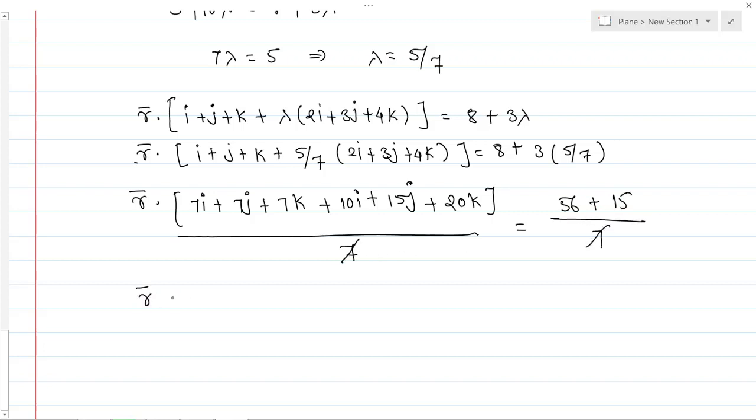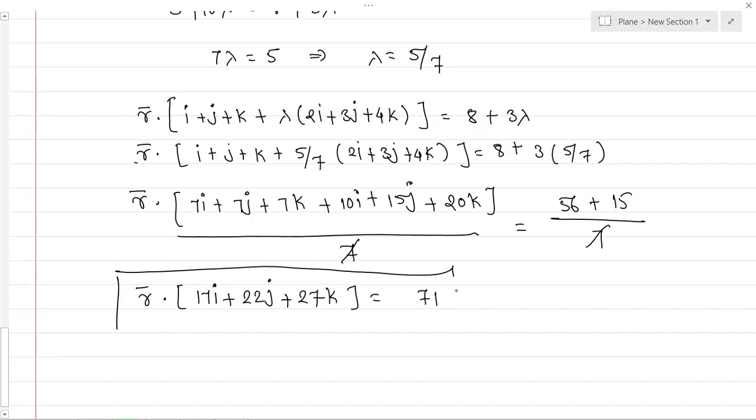So the final answer is r bar dot 7 plus 10 becomes 17i, 7 plus 15 becomes 22j, plus 27k, which equals 71. So this is the final answer to this question: r bar dot 17i plus 22j plus 27k equals 71. This is my final answer.